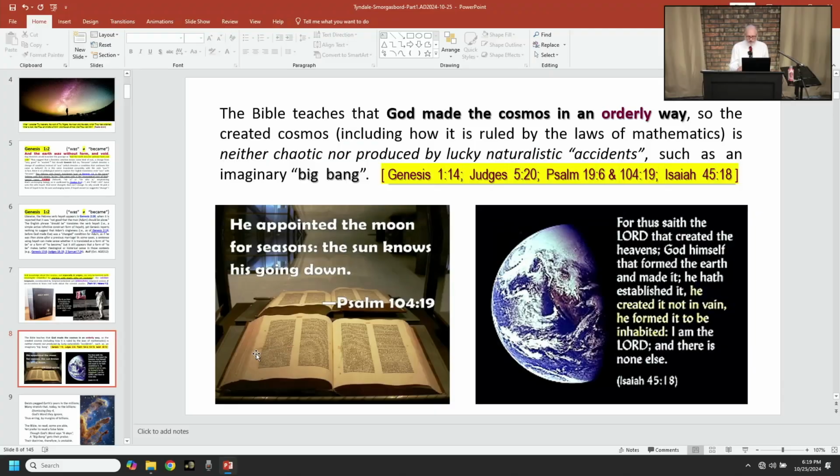But there are no lucky naturalistic accidents. The universe is not chaotic, and it didn't result from an imaginary Big Bang. God made the cosmos in an orderly way, and as a result, it is worth studying.